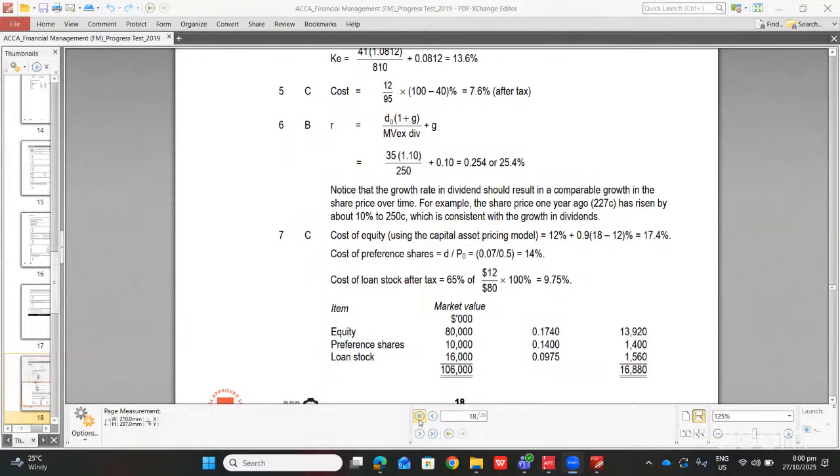That's it. That's what you need. 25.4%. So yes, a lot of information, but that really is a 30-second calculation.